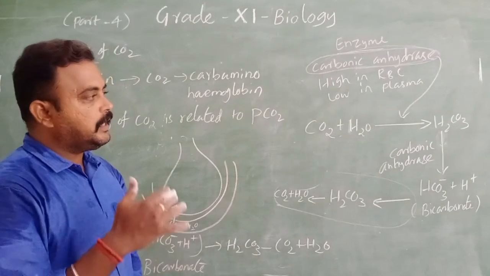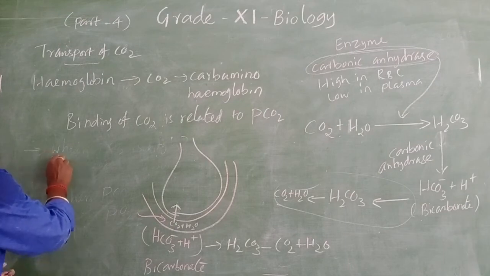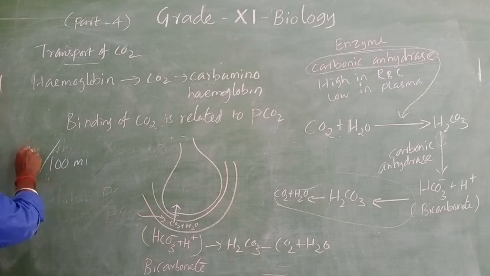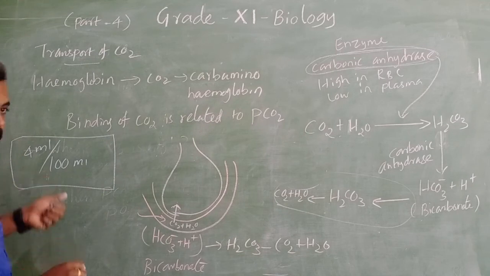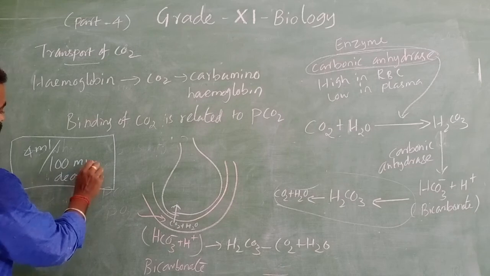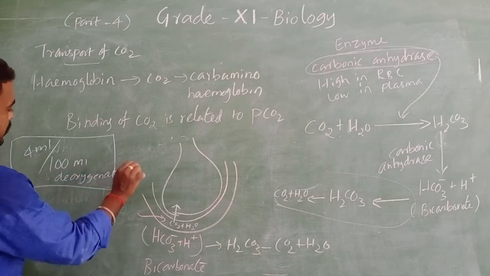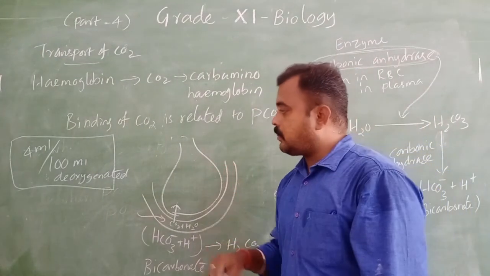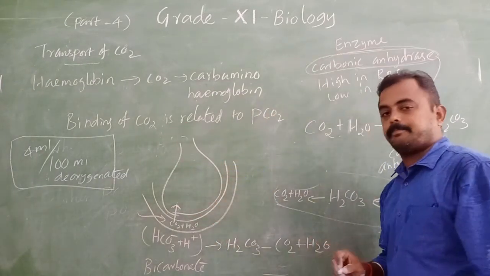Here, out of 100 ml of deoxygenated blood, 4 ml of carbon dioxide is released into the alveoli.